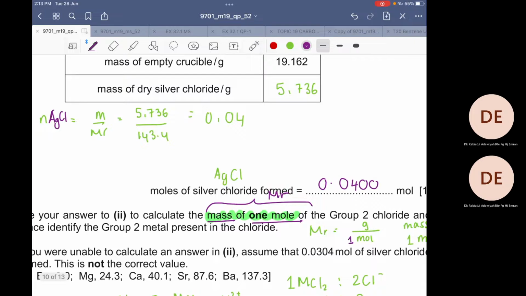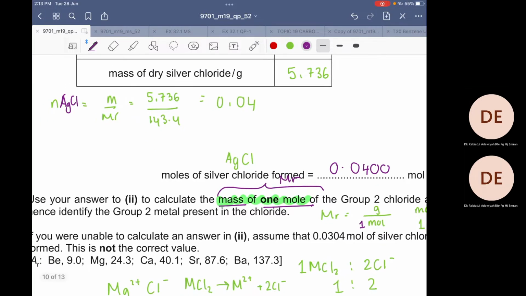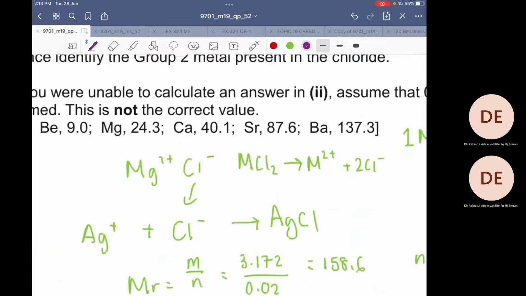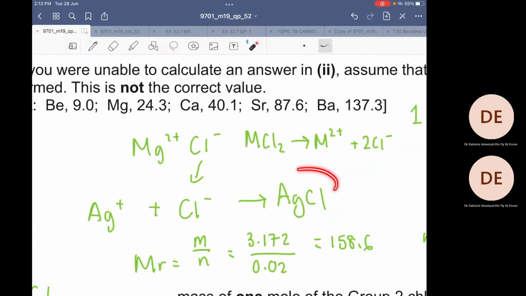Okay, then you say, right, Mr, fine. You know the moles of AgCl, okay? That means the moles of AgCl is also the moles of Cl minus. Okay? So I will bring your attention here. Whatever the moles of AgCl is, the same number of moles of chloride. Do you agree? Because 1 to 1.